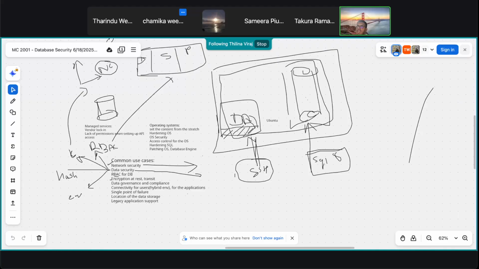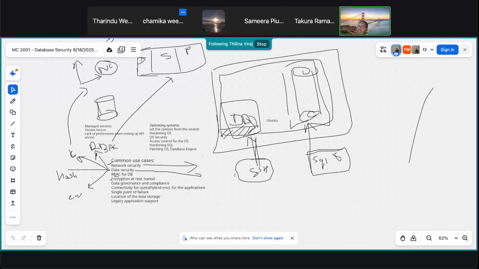All right, coming back to the topic. We talked about RBAC from the database perspective, right? Hashing and encryption should be there. What sort of data can you hash, what sort of data can you encrypt, and what's the difference between them?